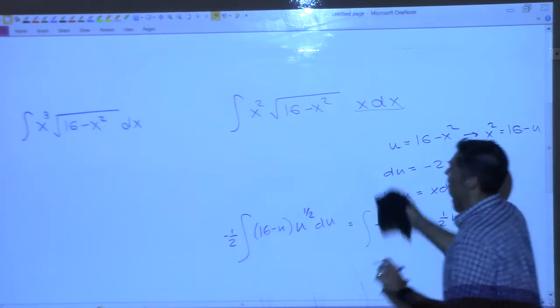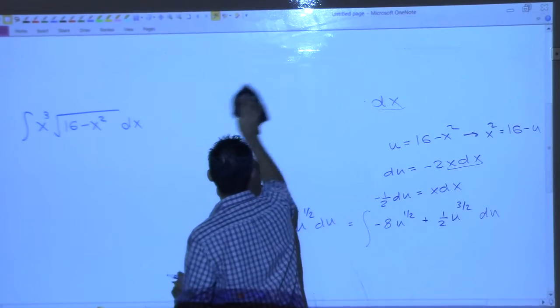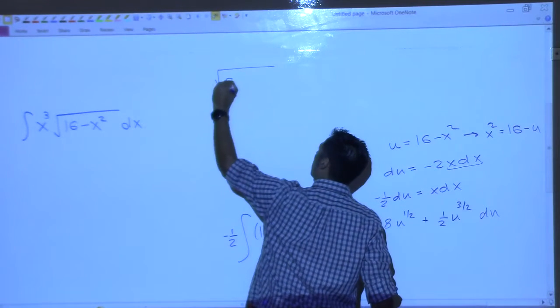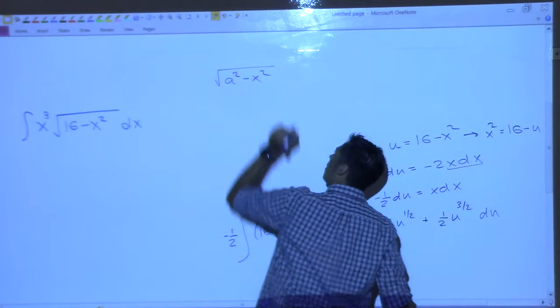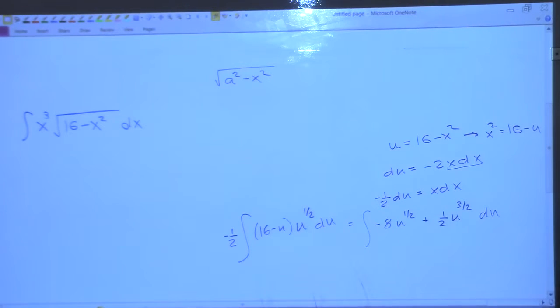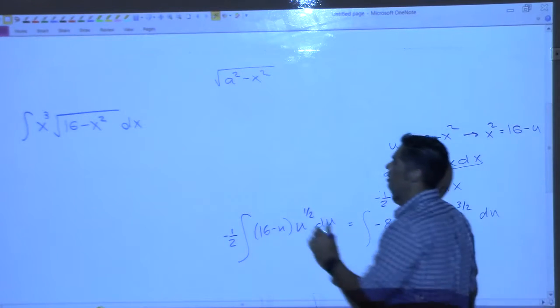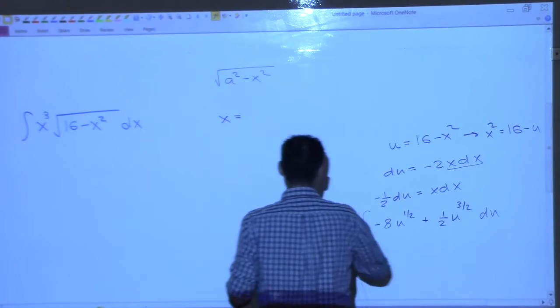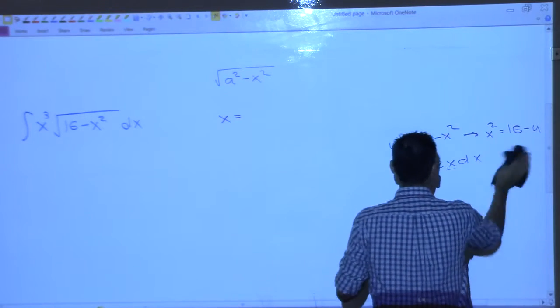So now, if we're thinking trig sub, I hope that everybody sees that we have this form right here. Right? That's the form we have. So we need to make a substitution that x is going to be replaced with what? In this case, 4 sine theta, right?